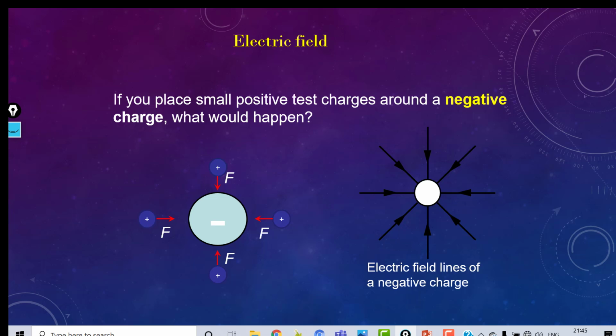Similarly, if you have a small negative charge at the center and all other positive test charges are present around the negative charge, then there is a force of attraction between this positive charge and the central negative charge. So field lines will go towards the central negative charge.